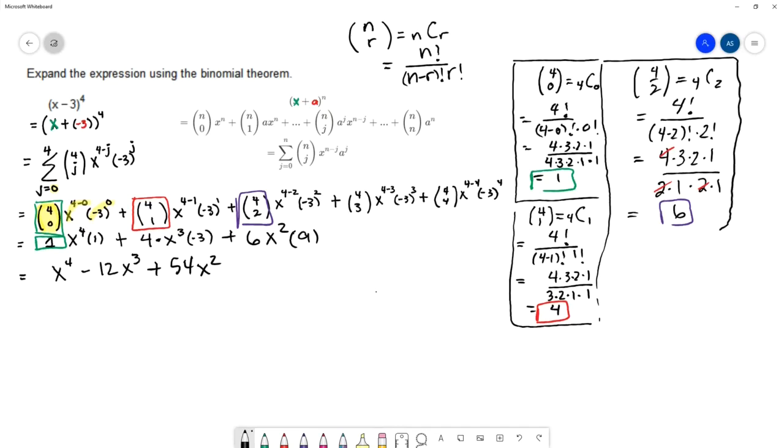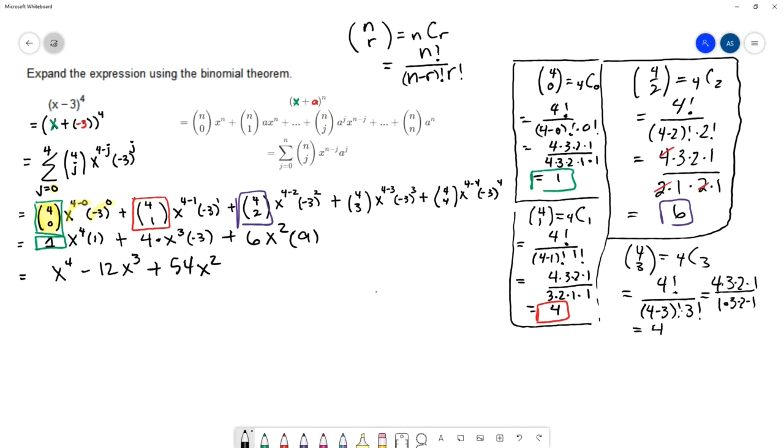Okay, so let's work out the next one. We get 4 choose 3. 4C3 would be 4 factorial over 4 minus 3 factorial times 3 factorial. That's 4 times 3 times 2 times 1. 4 minus 3 is 1. 1 factorial is 1. 3 factorial is 3 times 2 times 1.